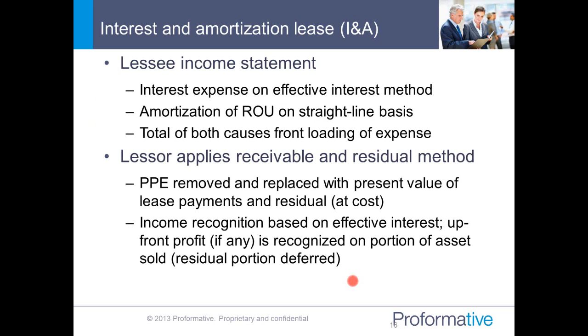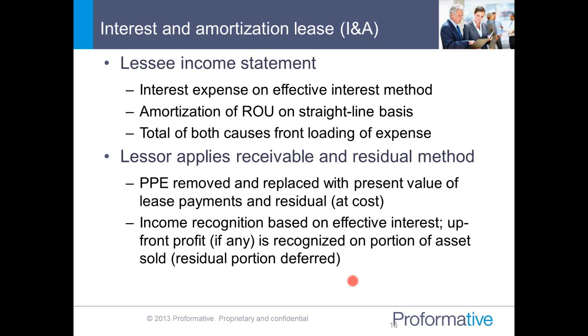On the income statement for I&A leases, there'll be an imputed interest expense and a straight line amortization of the asset. And for the lessor side of things, the lessor is going to have a receivable, which is the PV of the rents, and a residual, which is the PV of the expected residual.